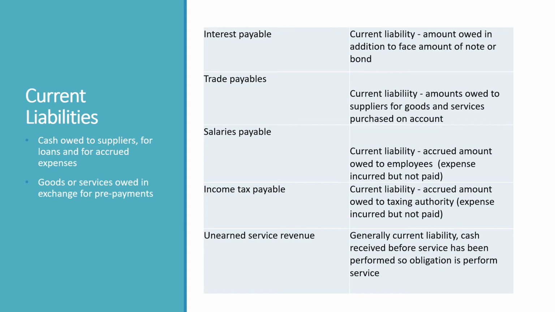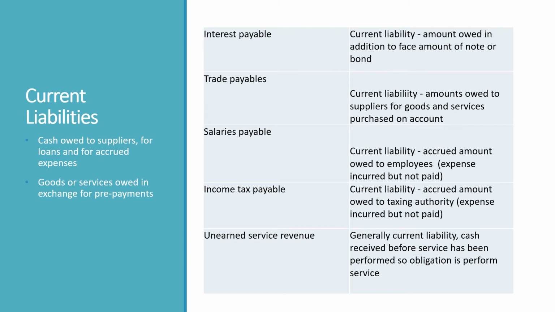So perhaps we buy inventory on account, which basically means we charge it. We have a trade payable on our books until we pay that account. Salaries payable are going to be amounts owed to our employees. Interest payable, salaries payable, income tax payable, all of those are sometimes referred to as accrued liabilities.